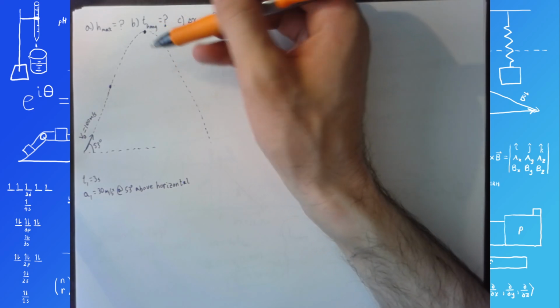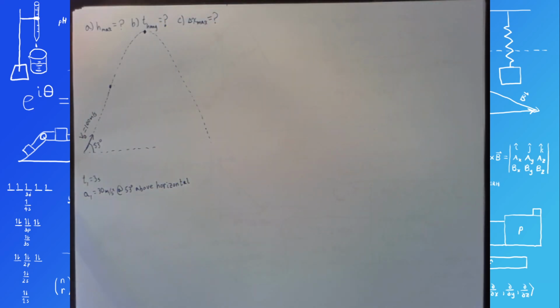The reason that I want to split it at the top is the same reason that I did so when we were doing free fall, because you get one piece of information for free, and that piece of information is Vy is equal to 0 at the top, which should be useful to us.